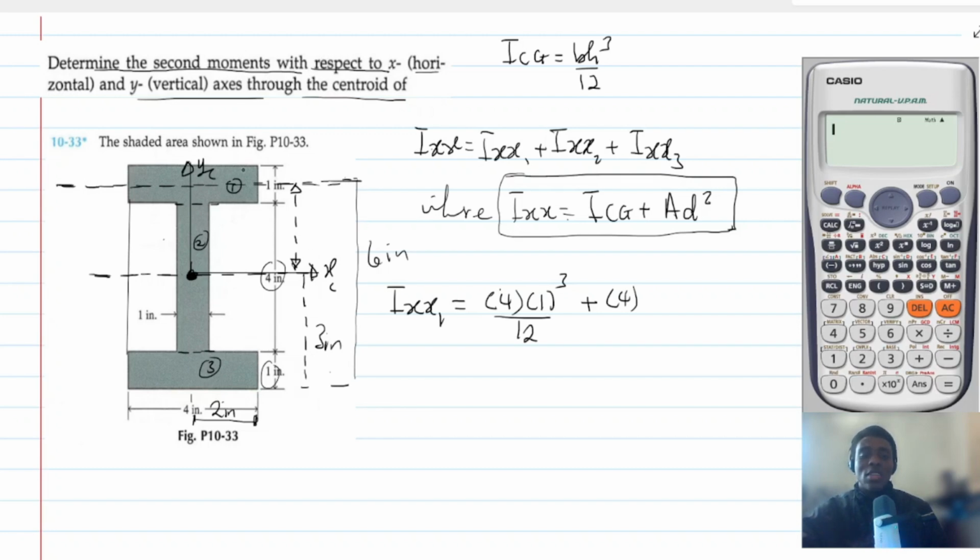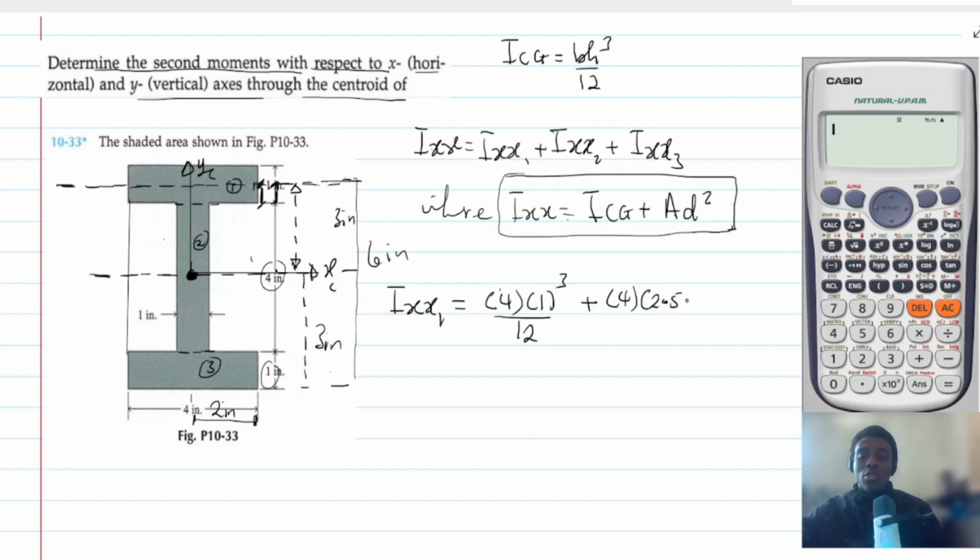In this case, if we pass a centroidal axis through this, it will be halfway of 1, which is 0.5. But don't forget that all the way here up to this point is 3 inches. So from the center all the way to this center is 3 minus 0.5, which gives us 2.5.